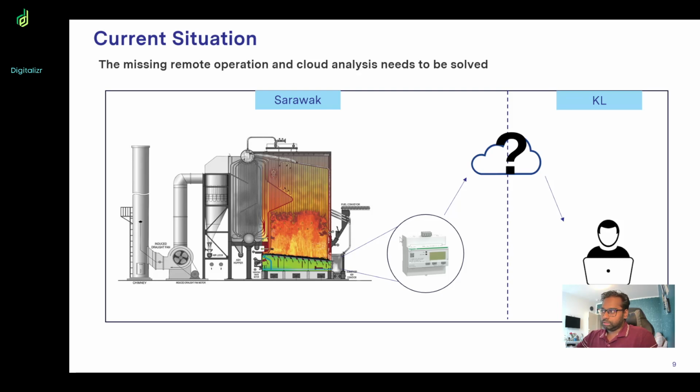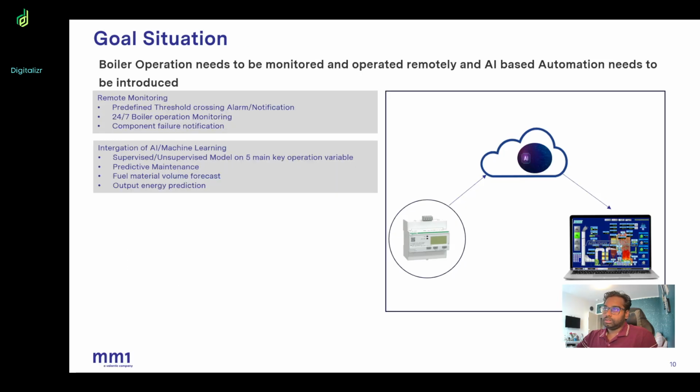Basically, they want a cloud system where it can be monitored through the cloud or through the internet. As I told you, they want a remote monitoring system. So we want to build a digital twin, not in a 3D way but in a two-dimensional way.